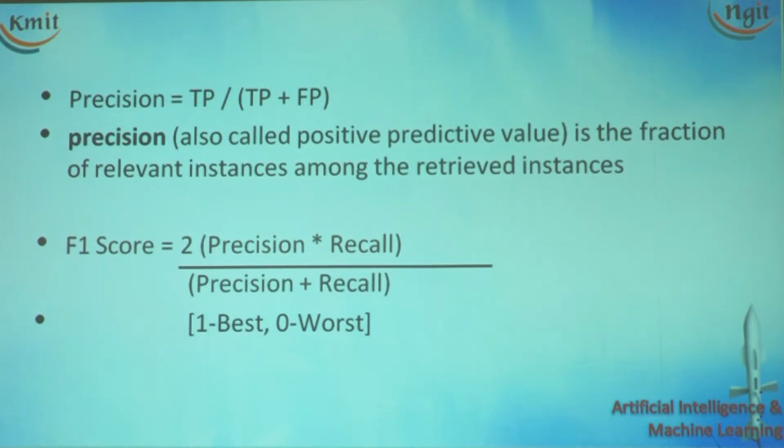If the F1 score is 0.8, is it good or bad? Good. 0.4, we can consider that it is not a good model.